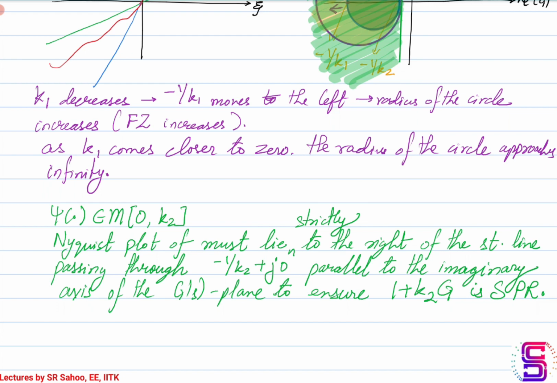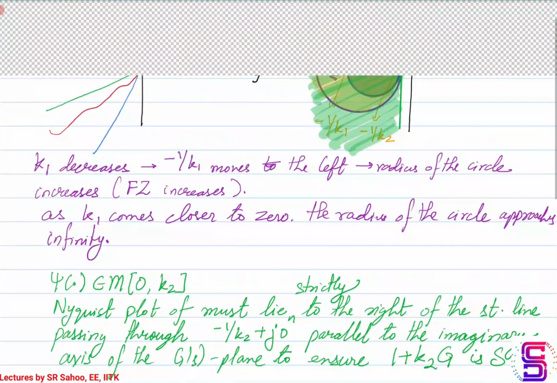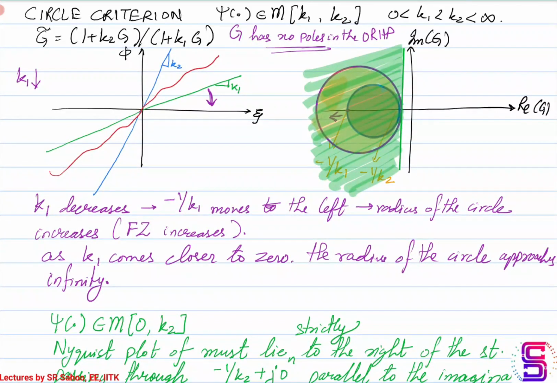Okay, this is what we get when the sector nonlinearity is going to be in the region 0 to k2. Okay, so this is what happens when k1 decreases and finally goes to 0.